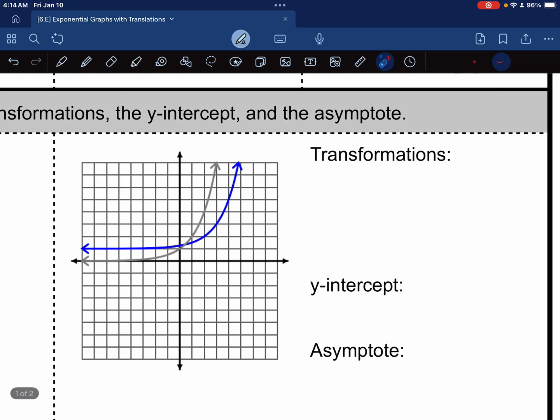Let's do it again. I'm going to go out of order on this one, because why not? Do you guys see how this one flattens out right here? So this one's going to have an asymptote at y equals 1. And that tells you that there was this translation up by 1 unit.